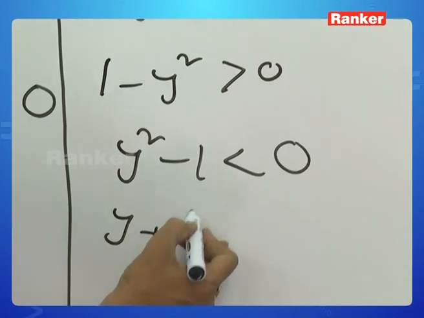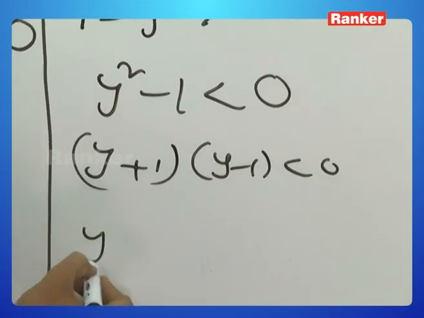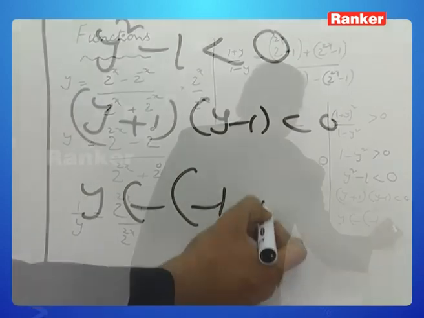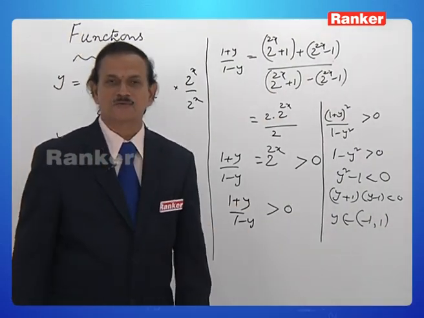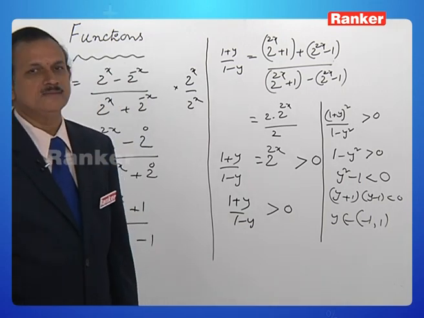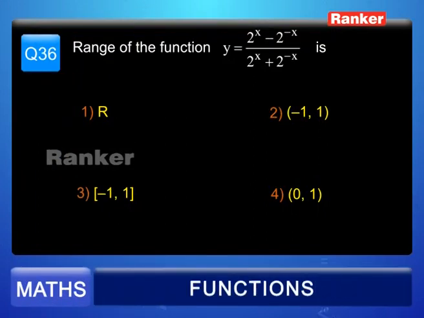That is y should belong to open interval minus 1 to 1. Hence the range of this expression is open interval minus 1 to 1, and it is surely available in the second option given. So what is the right option?